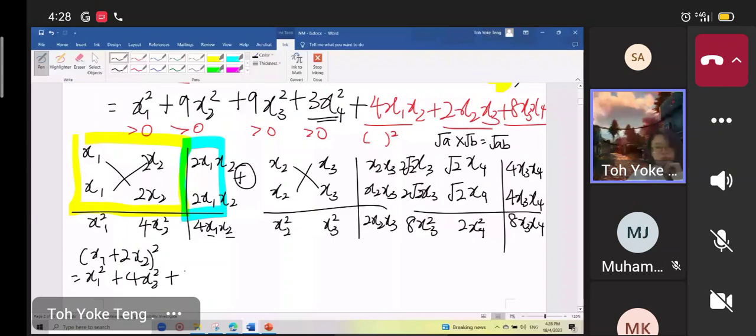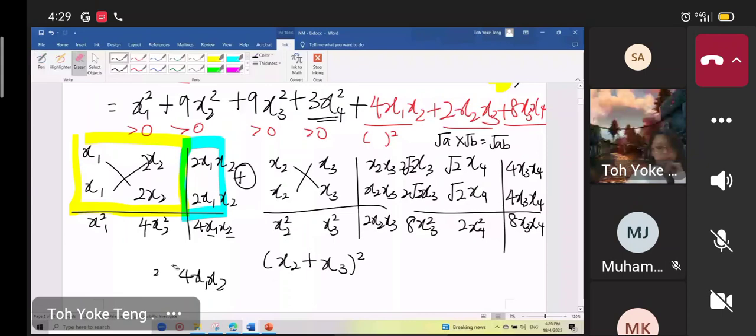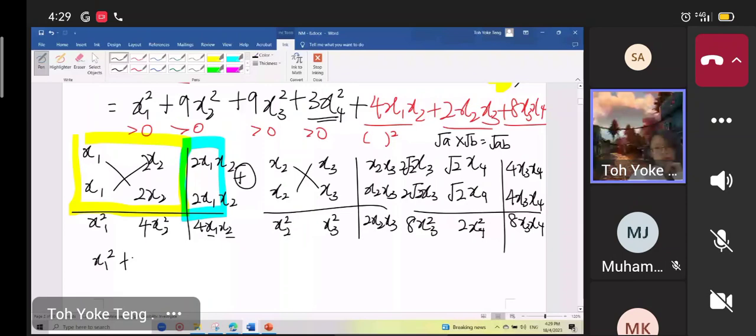And then this one, x2 plus x3 squared, I should write it in this way. x1 squared plus 4x2 squared plus 4x1 x2 equals, I should write it in bracket form here, so x1 plus 2x2 squared, and then this part.